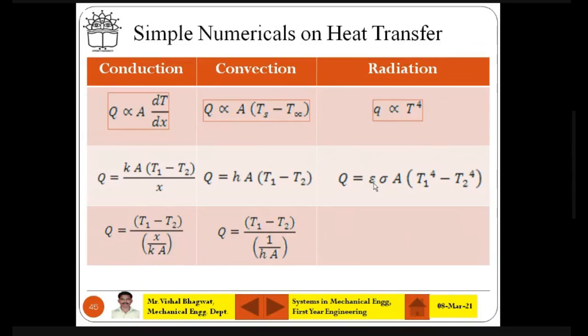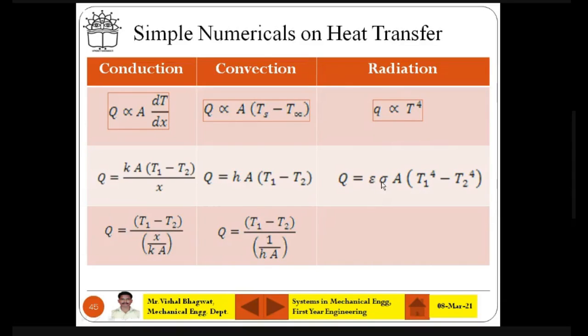Emissivity is the ratio of the emissive power of any body divided by the emissive power of a black body. And normally we say the emissive power of a black body is 1, so here it becomes epsilon. Epsilon is the emissive power of any body, because dividing by 1 gives the same value. So it is the emissive power of that particular body.